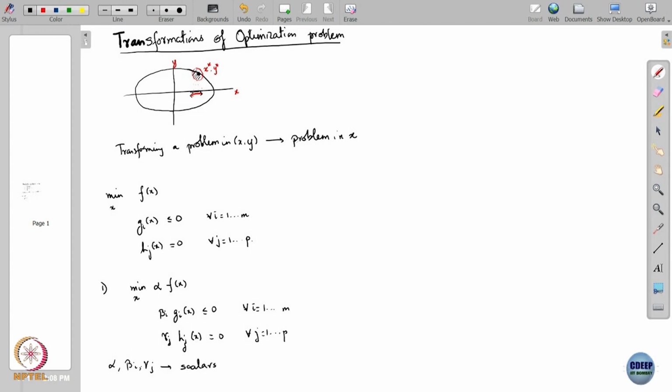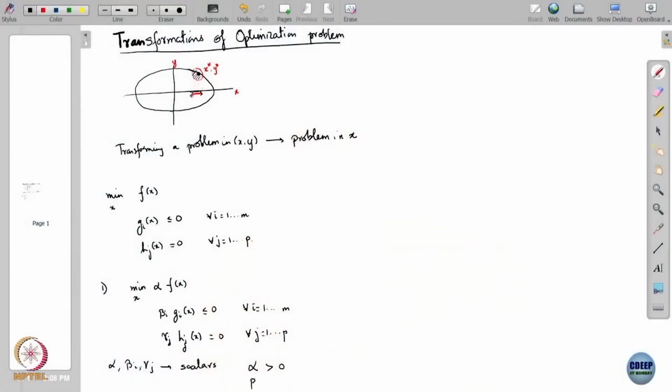Yeah. So, for equivalence, you need some constraints on the signs of these. Alpha, beta, gamma are all scalars. So, I am going to take alpha as positive, all the betas also positive, and for the gammas, I need that they are not 0.